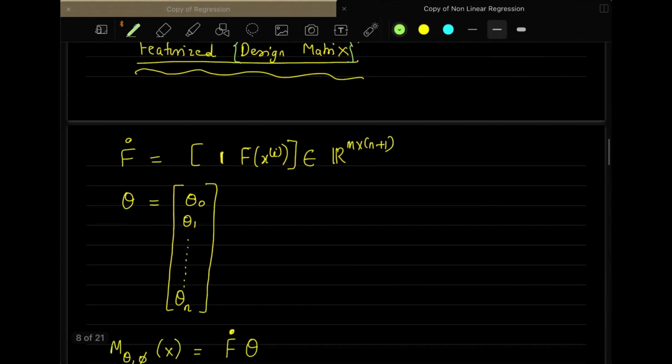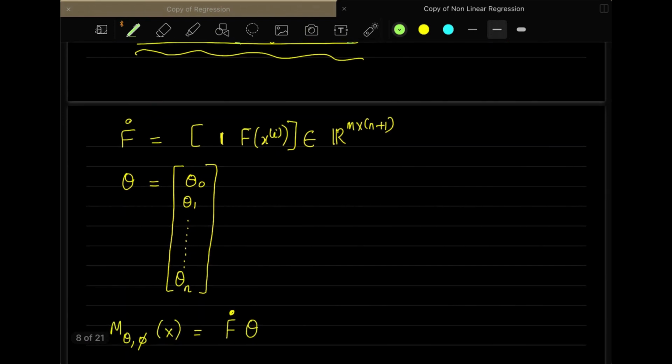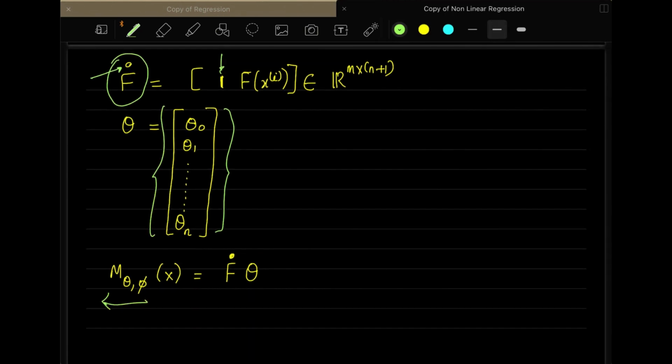So again, you can now understand everything is similar to what we did last time. We will create this matrix with a dot over here. We append one, and now you know why we are using one. This is the theta which you are actually tuning, and then you have the matrix times theta. This is not phi. This is like this.